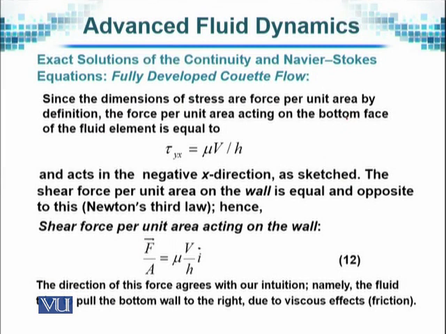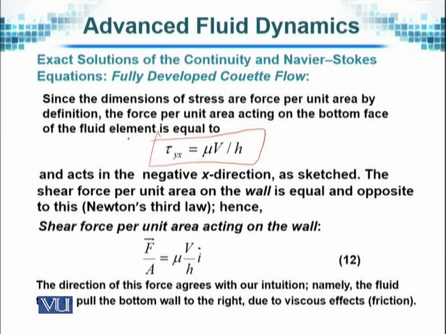Now, the dimensions are the same as those of force per unit area by definition, and that is the force acting on the bottom face of the fluid element. Therefore, tau of yx equals mu times V over h, and it acts in the negative i_x direction.